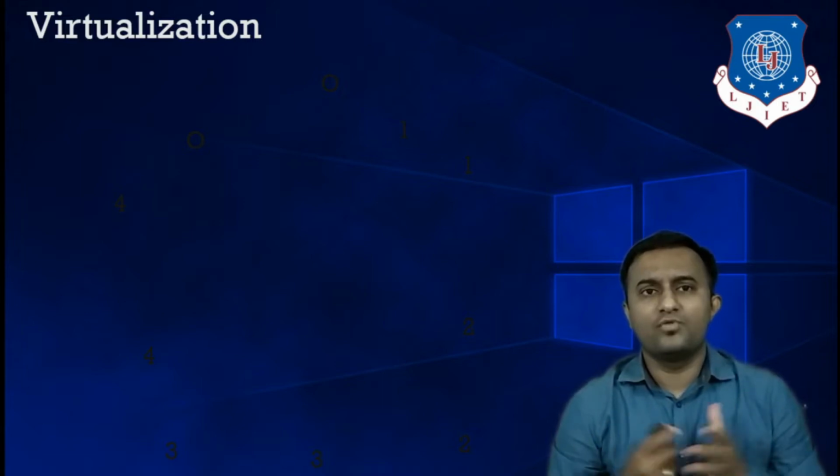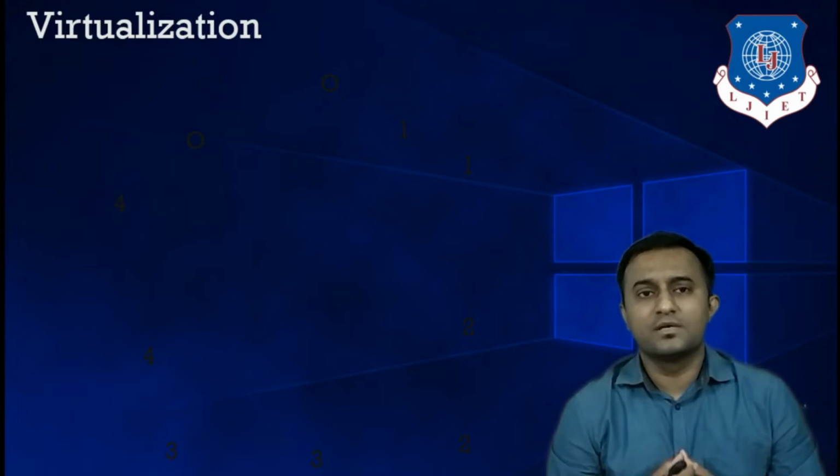So if you require another operating system, like say for example Linux, in your machine, one way is that you first of all remove the Windows from the machine and reinstall the Windows and Linux operating system in your machine. Means what? You are going for dual OS.